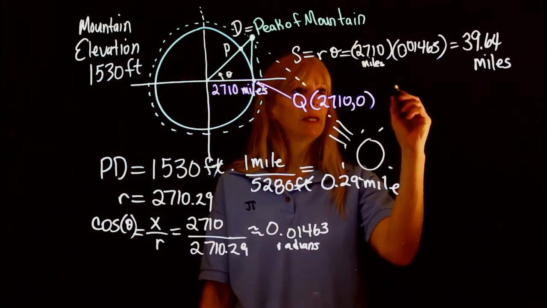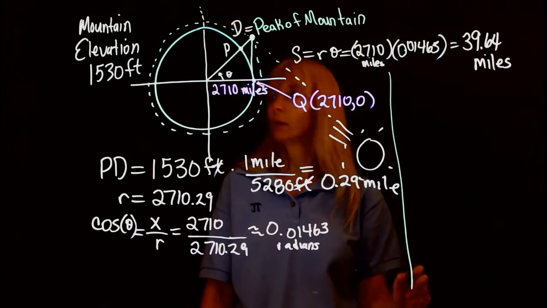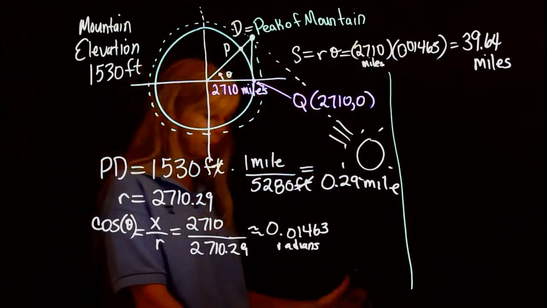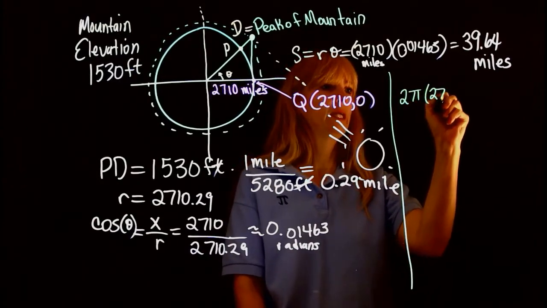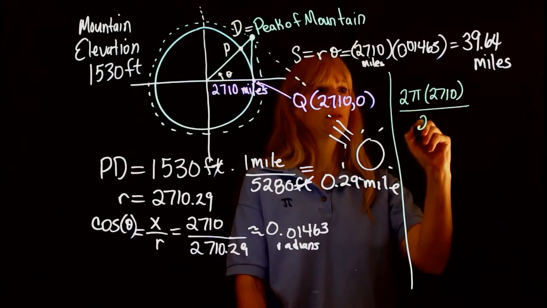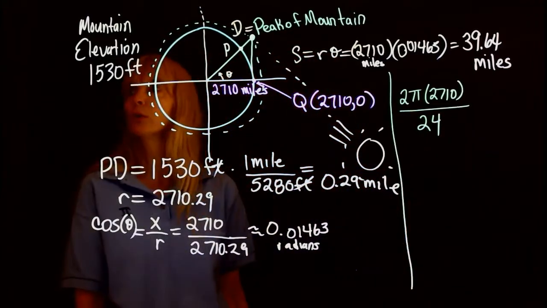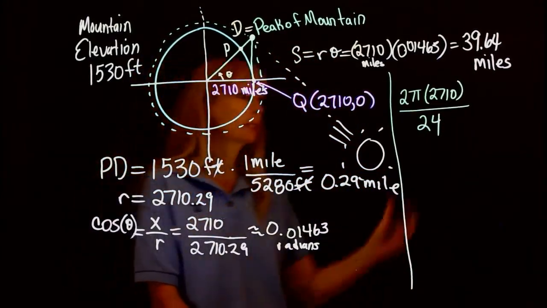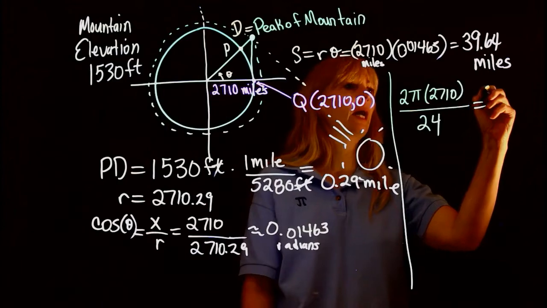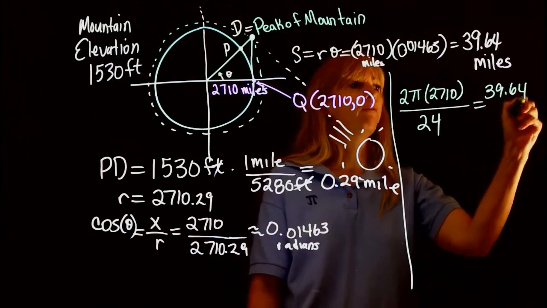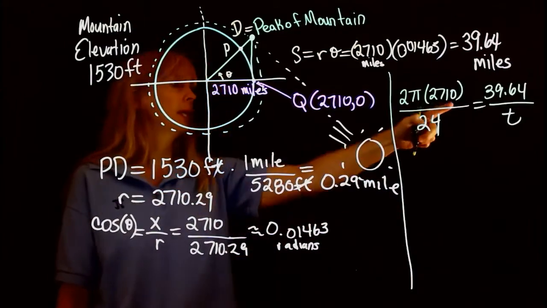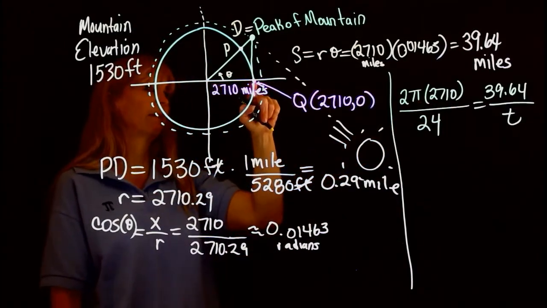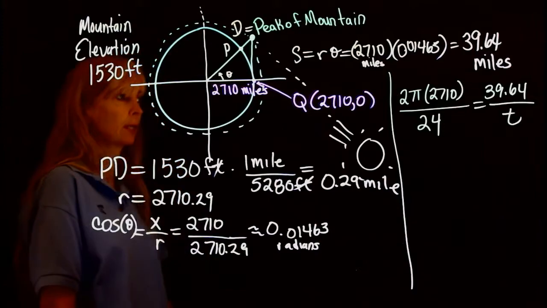Once again, this is information that they gave me, 2 pi 2710, the latitude in 24 hours. Well, I'm going to set this equal to this 39.64, and that's what I'm solving for, right? The time that it takes, as this is rotating down, for that person now to see the sun rays.